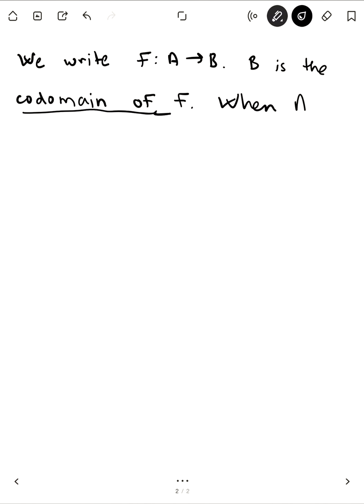When A equals B, we say f is a function on A. Okay? And there are no restrictions on the sets A and B as we've used in this definition.